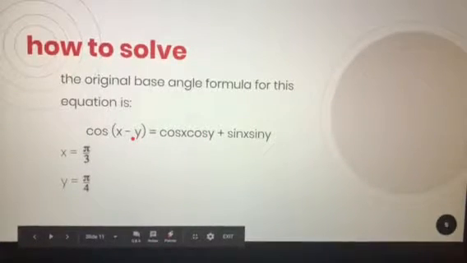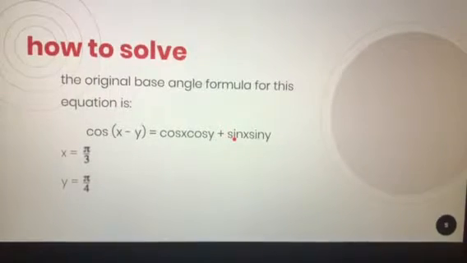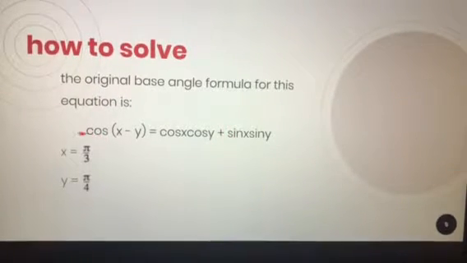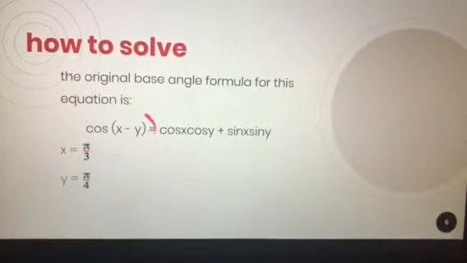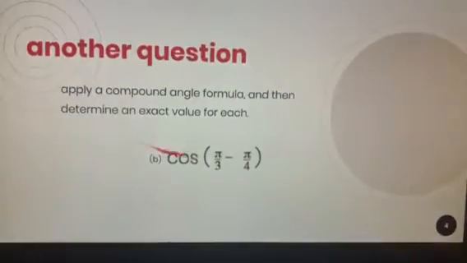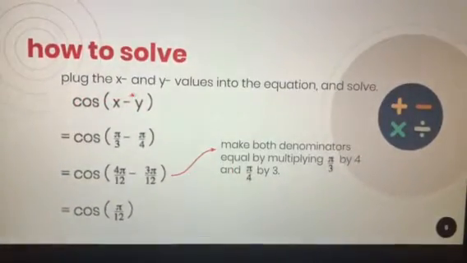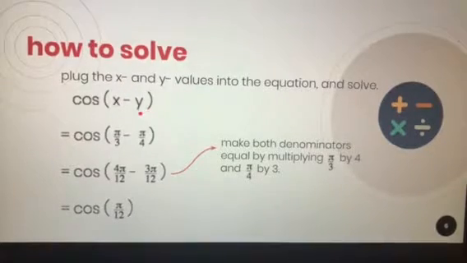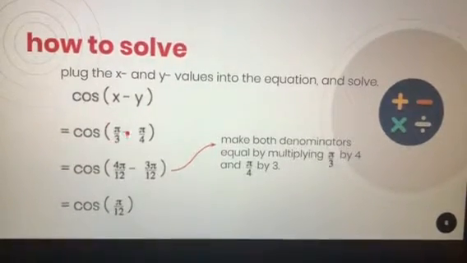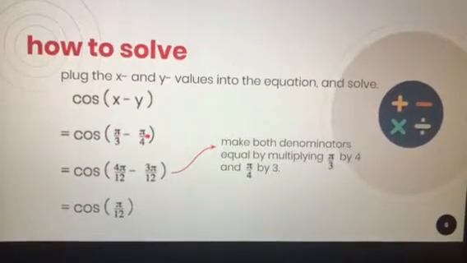I can tell because we have a minus here, and the equation for the difference has a minus too. So just like we did earlier, we plug the x and y values into the equation and solve from there. Our x value is pi over 3, our y value is pi over 4.